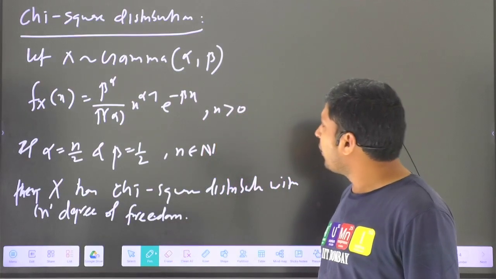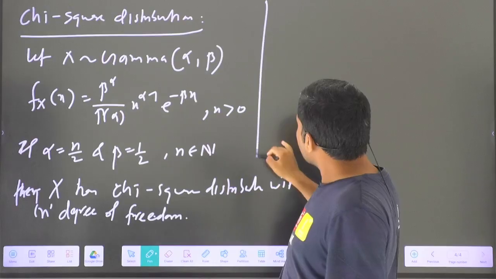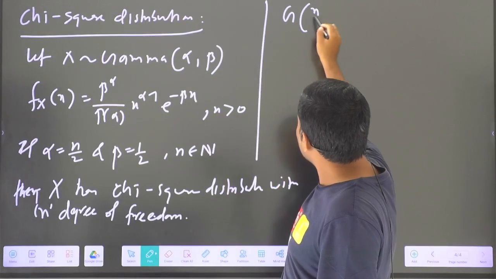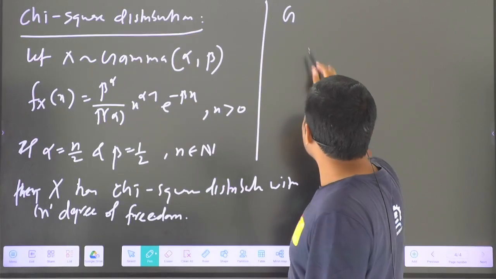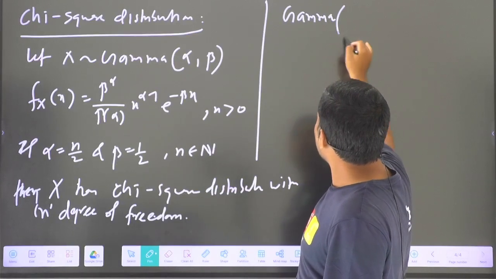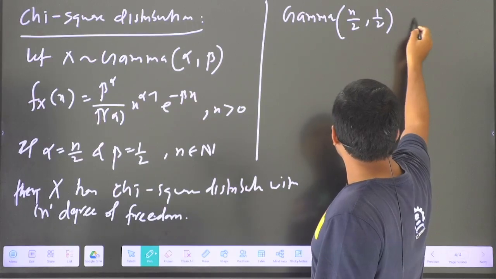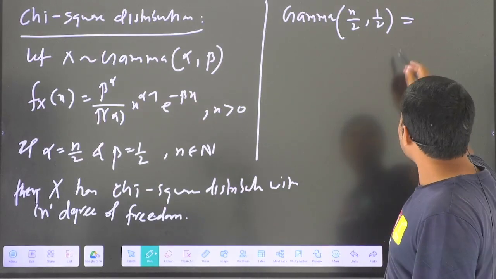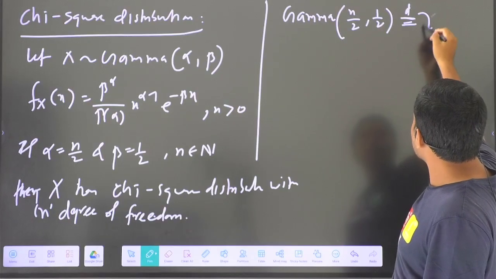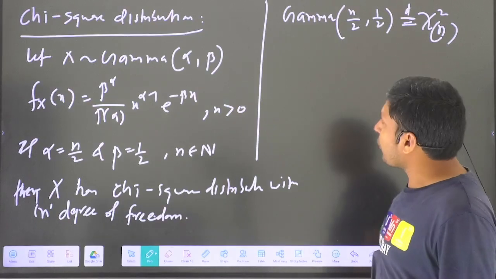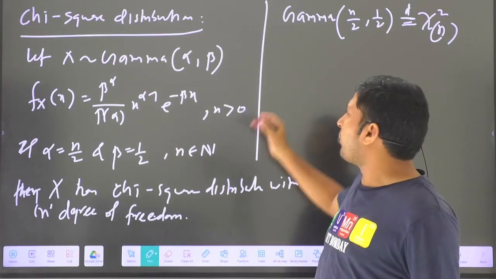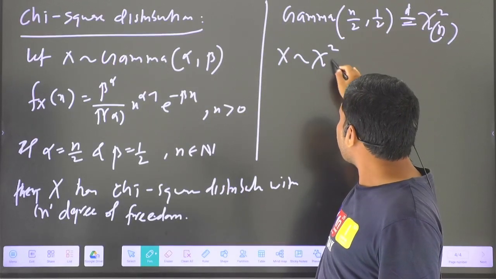So what I mean is gamma n by 2 comma 1 by 2 will be identically distributed with chi-square with n degree of freedom. So what will be the PDF?